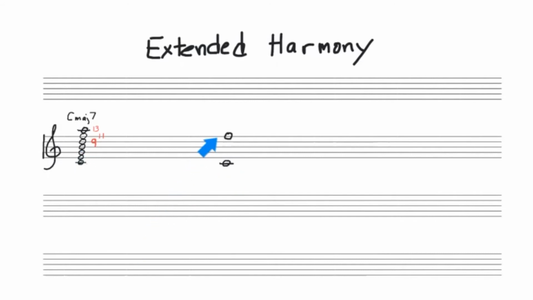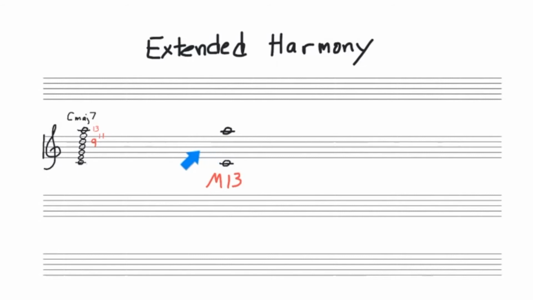Adding one more third, the F note, for an interval of 11 above the C, we have a perfect 11, which is the equivalent note, just up an octave, of F, the perfect fourth from C. In jazz terminology, we shorten the perfect 11 to just 11. If we go up one more third from the F, we end up with A, the major 13 interval above C. If we reduce the major 13 down an octave, it becomes a major 6.